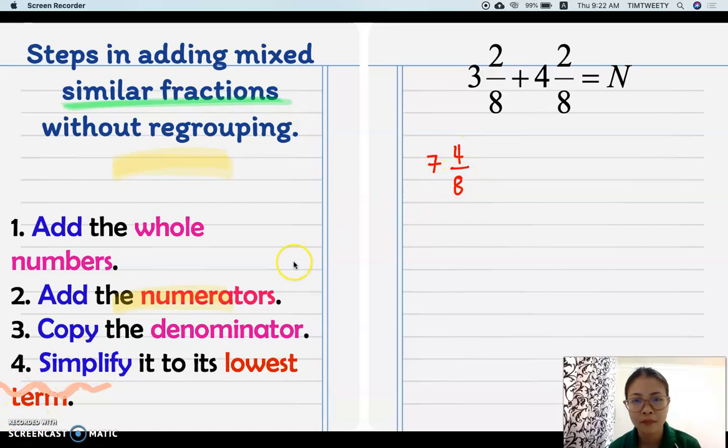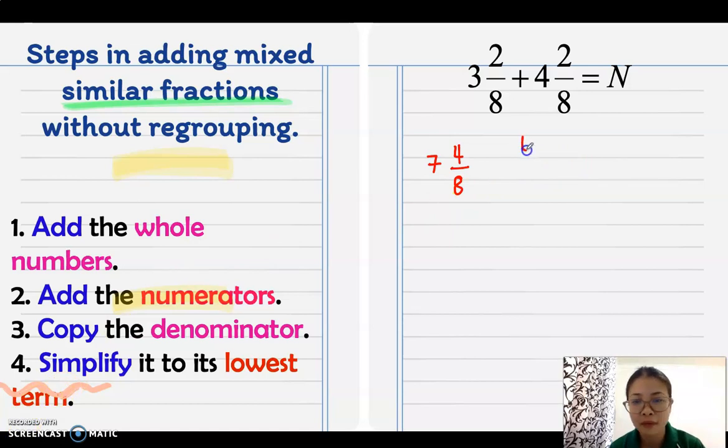Since 4 and 8 still have a common factor between the two, it's not in lowest terms, so we need to find the lowest term for 4 and 8. A common factor is 2: 2 and 4. There's still another common factor between 2 and 4, that's 2.